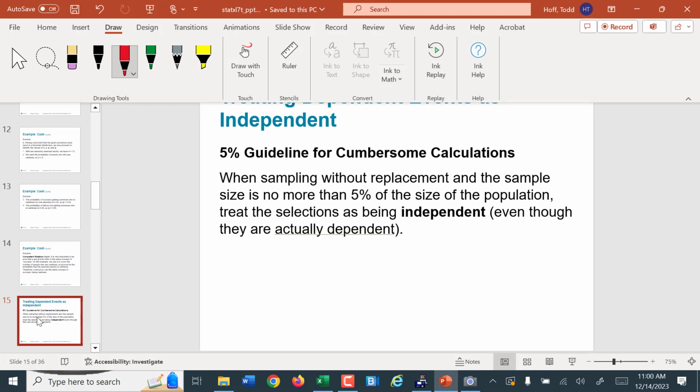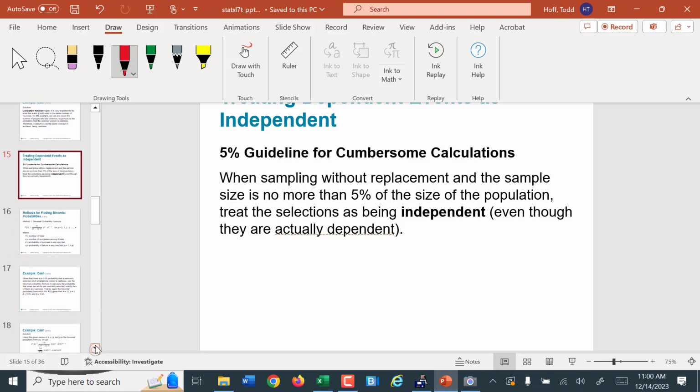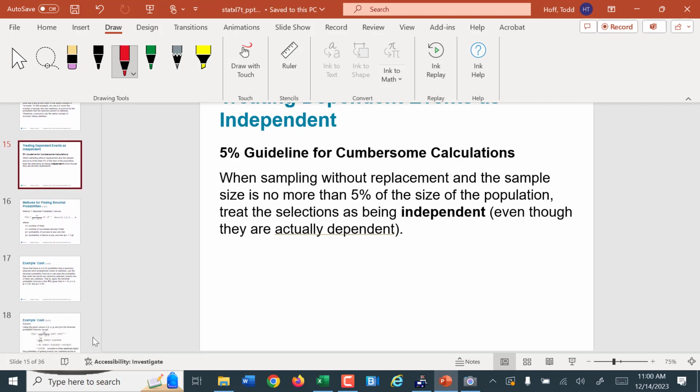5% guideline. Now, we did this with replacement, but we could have done it without replacement. As long as the size of our sample is less than 5% of the whole population, we could make the assumption that they are independent.